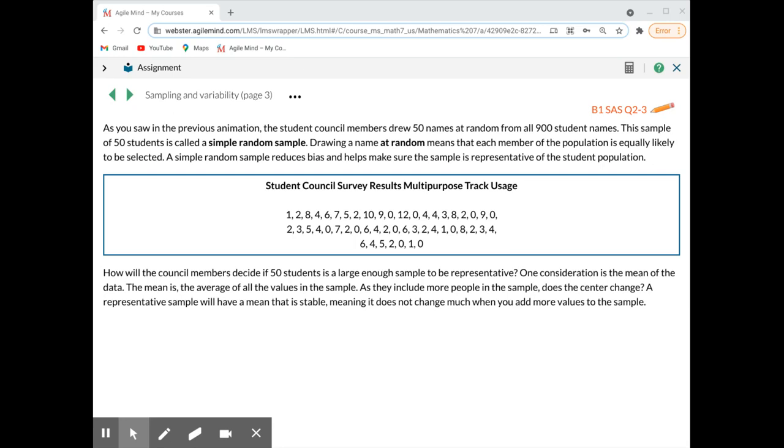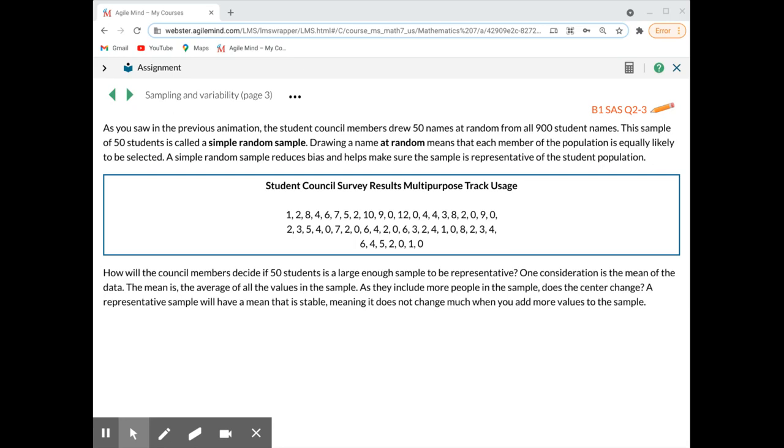All right, well, that means that we need to take a look at it, doesn't it? Or y'all don't think so? No, we do. Yeah, I think we do. All right, so give examples of the following terms. You may use the context of the Hillcrest Middle School survey for the use of the multi-purpose track and tennis courts.